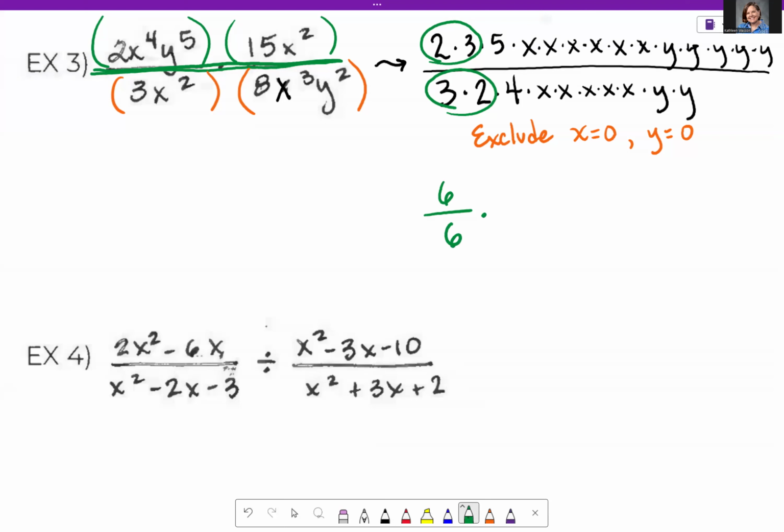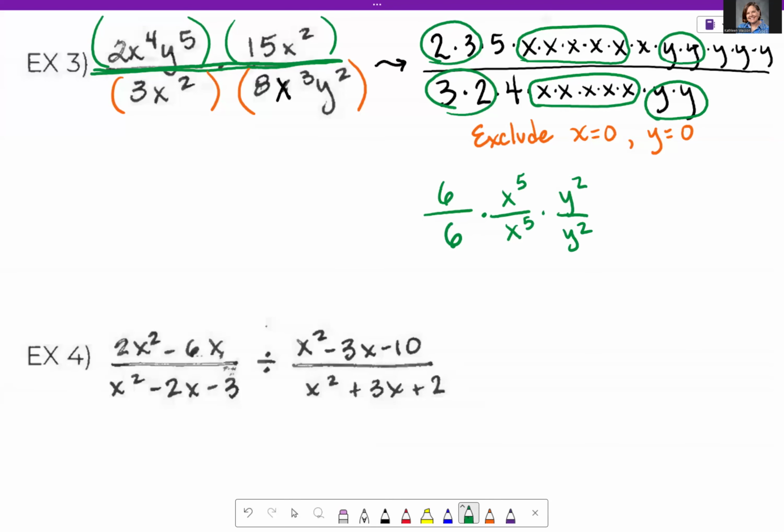And I have 1, 2, 3, 4, 5, 6 x's in the numerator and 5 x's in the denominator. So I can make a group of 5 x's over 5 x's. I can also make a group with 2 y's over 2 y's. And all of these, when simplified, would be 1. These are different specific ways to write 1.